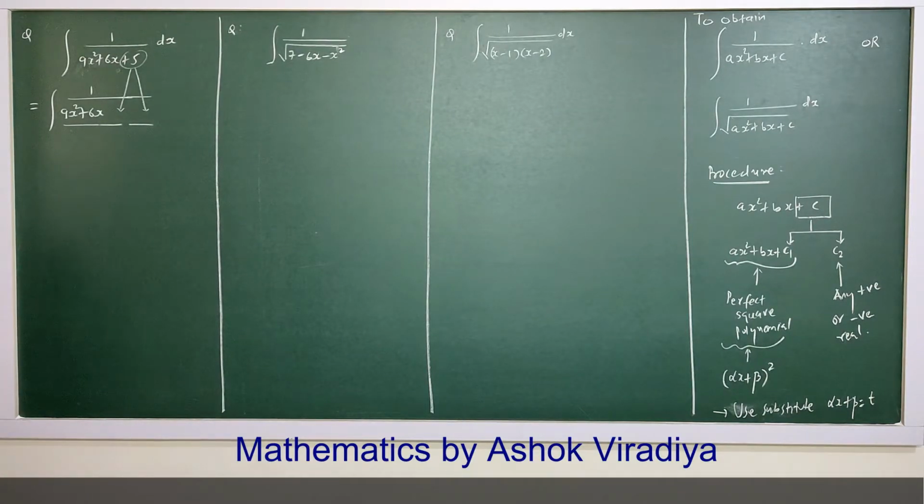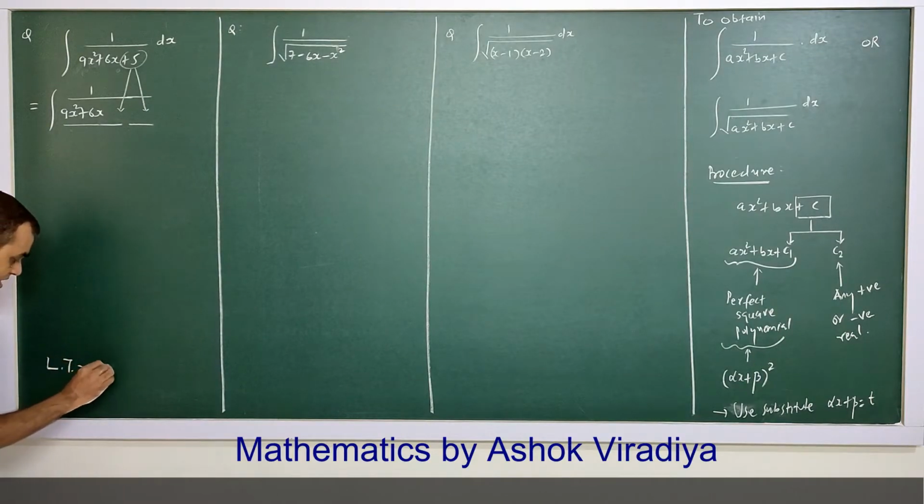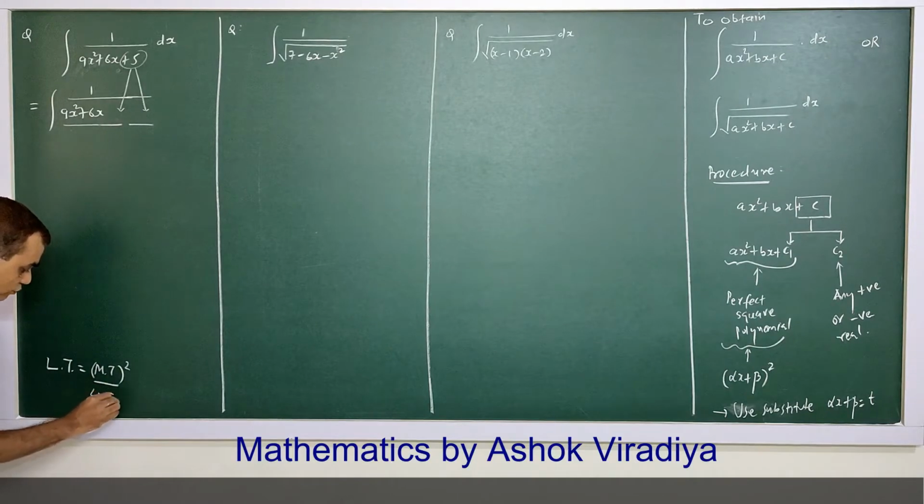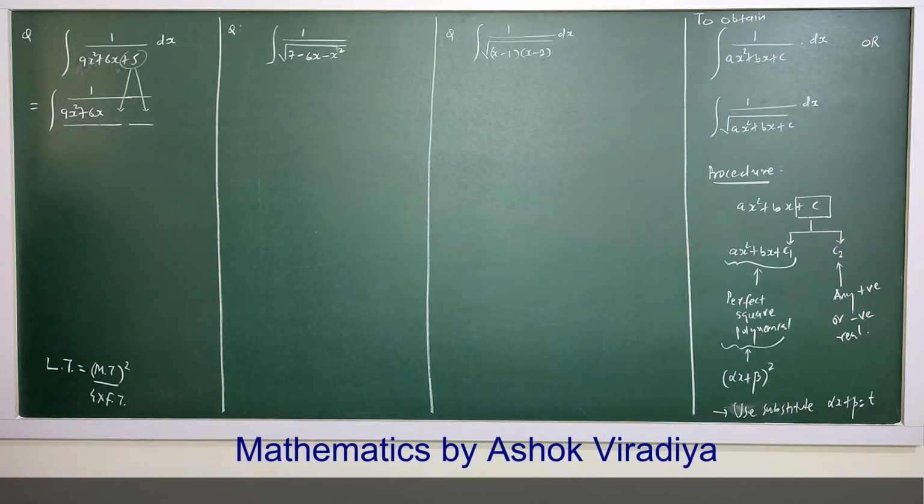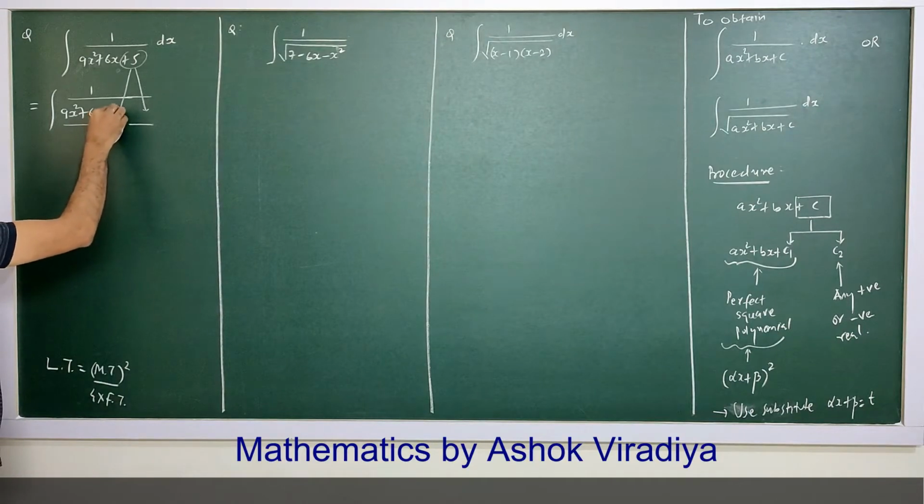And to find the last term of the perfect square polynomial, middle term square upon 4 into first term. So middle term square 36x square upon 4 into first term 9x square. So 36x square upon 36x square, so this will be plus 1.